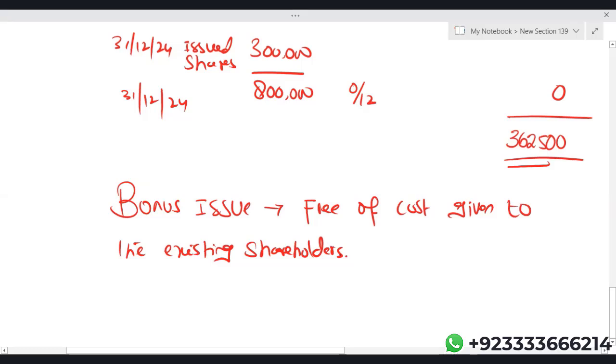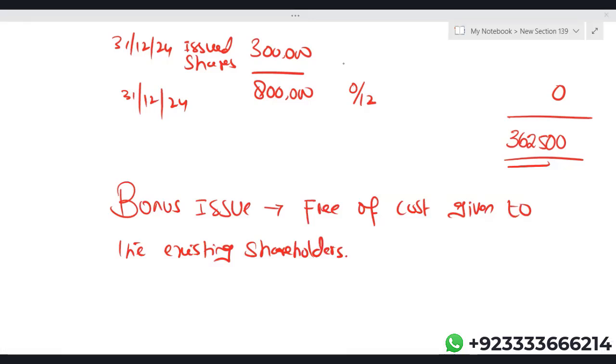Now listen carefully. If you get a multiple choice question, let's say an examiner says that by issuing bonus shares, the company can raise finance.